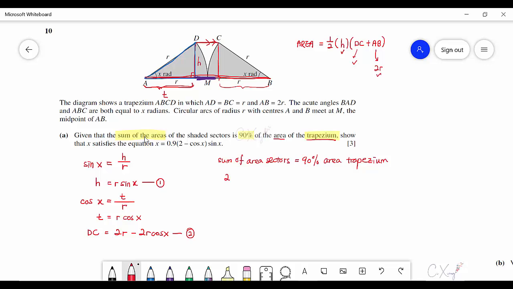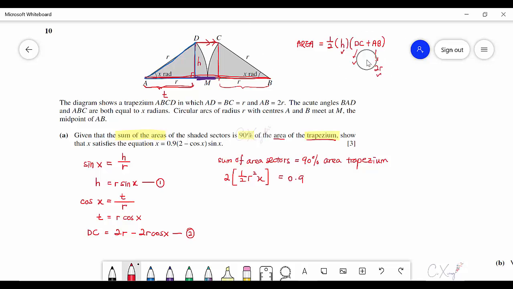You have 2 sectors, right? For both sectors, they have the same formula for the area, which is half r squared theta. The theta is actually the x. And it is equal to 90%, so 0.9, times the area of the trapezium.